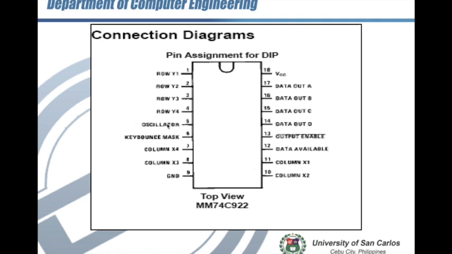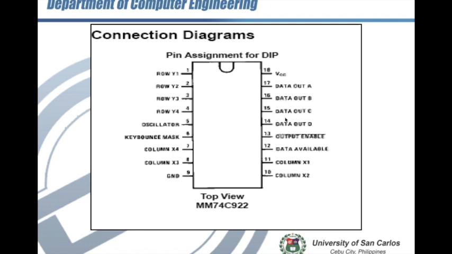This is the oscillator, where you have to put a capacitor, and the key bounce mask, basically another oscillator to eliminate the switch bounce. You have to supply a capacitor for the key bounce mask that is 10 times the capacitor connected here at pin number 5. Output enable is a pin that allows the data output, the 4-bit output, which is the address of each of the keys.